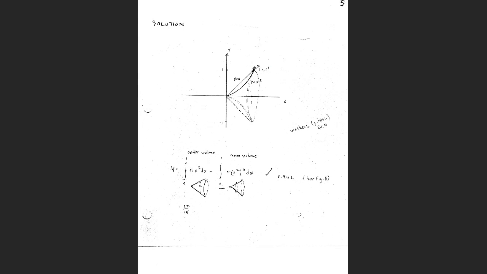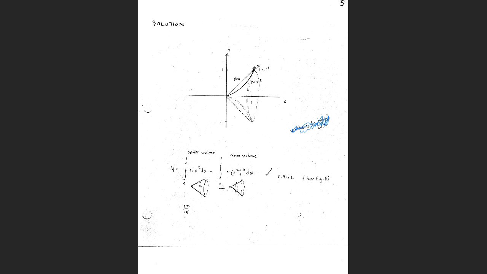Okay, so here, in my solution, here's a picture. Now, you don't need to worry about the terminology washers. I'm not worried about the terminology. Okay, so let's see what we have here.